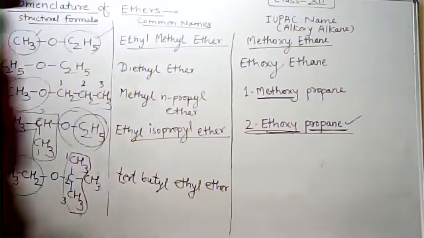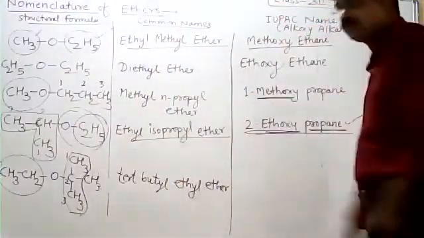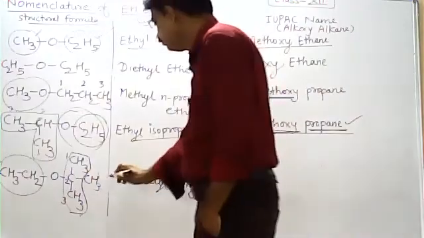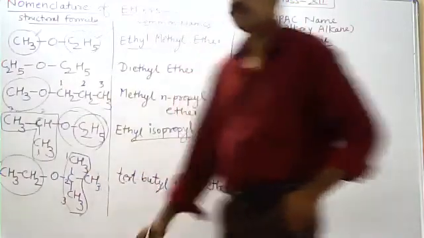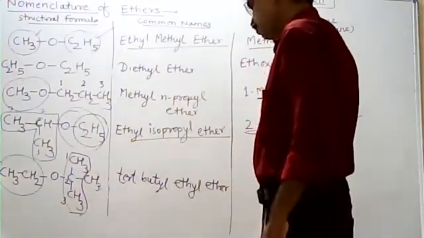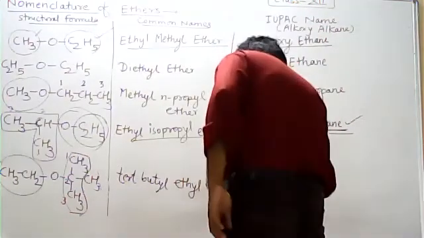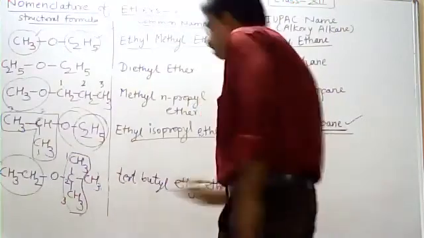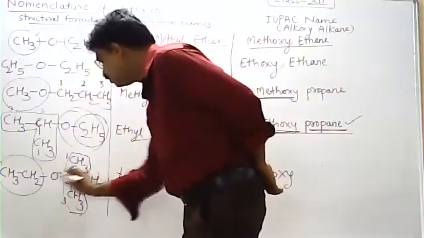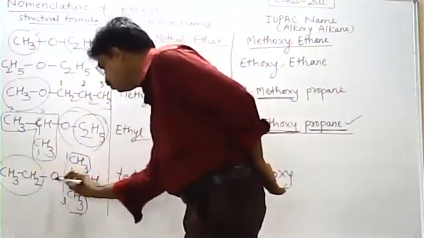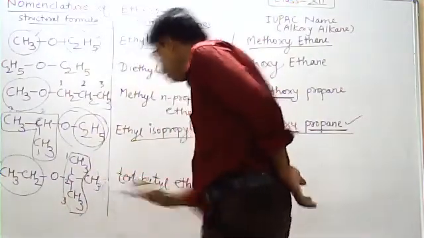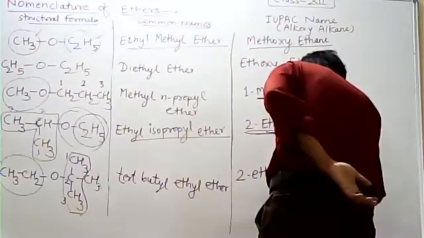What is the IUPAC name of this compound then? Sakshi, what is the name? 2-ethoxy, 2-methyl-propane. Yes, correct. Very good. At 2 carbon, ethoxy group is attached. CH3, CH2O attached at 2 carbon. Methyl is also attached at 2 carbon. So 2-methyl.